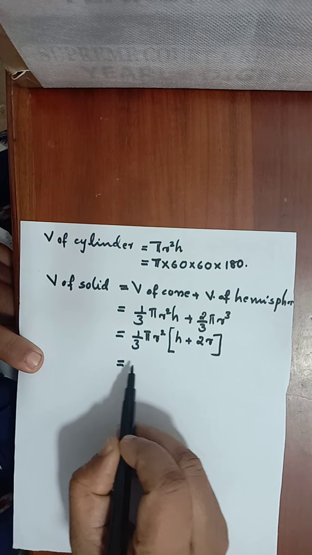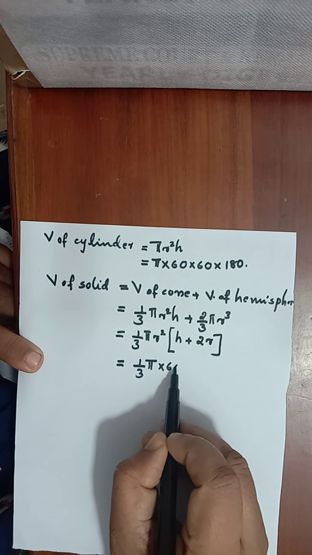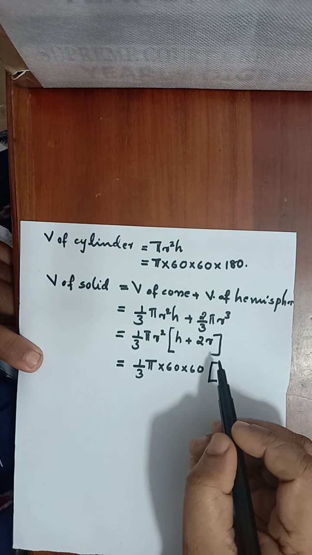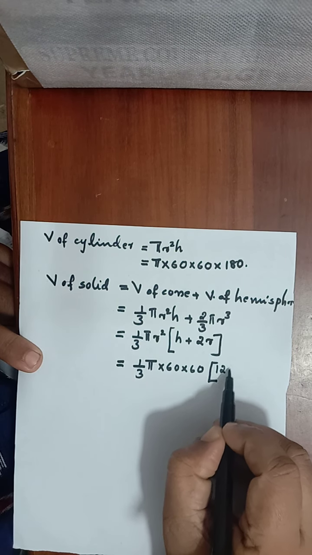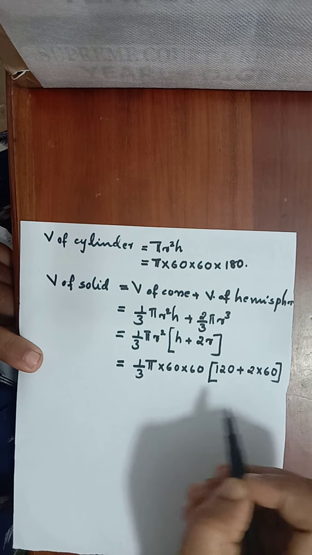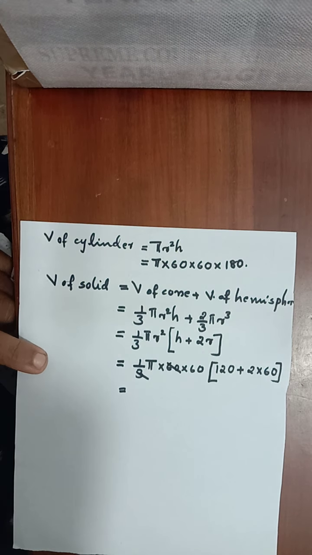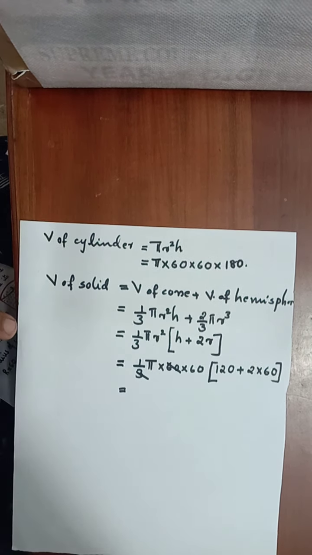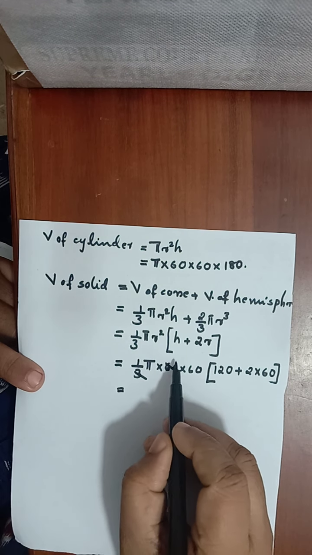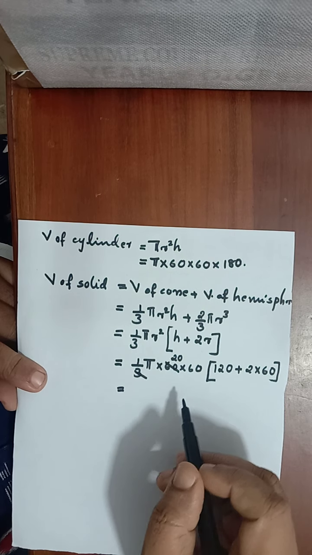Now let us substitute the value. 1 by 3 pi, radius is 60, 60 into 60. Height of the cone is 120 plus 2 into 60 here we have. Therefore, let us cancel this and get the value. We'll cancel this too and we'll be getting 60 by 3 is 20.